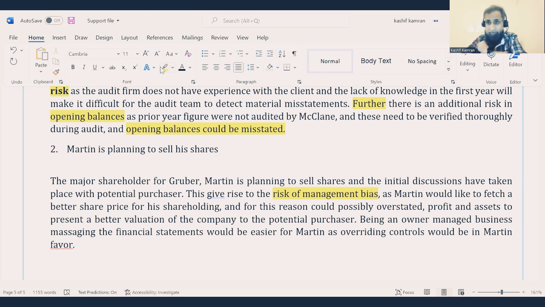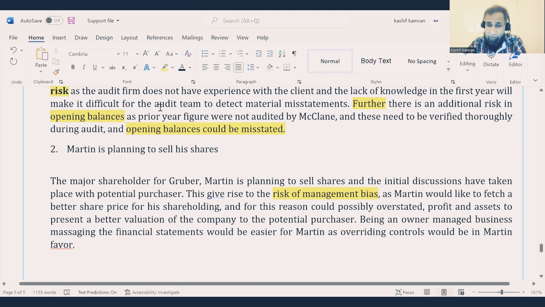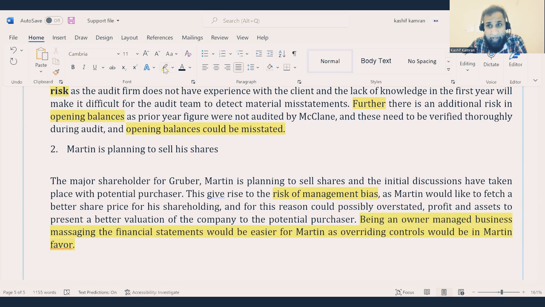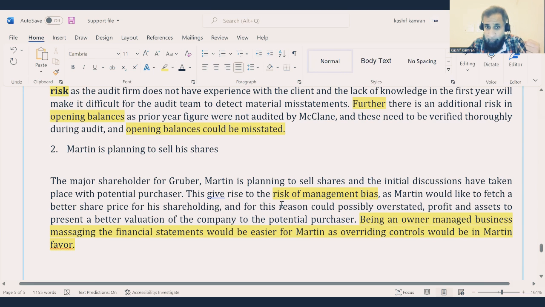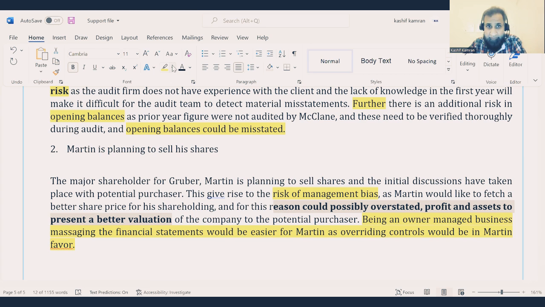Being an owner-managed business, massaging the financial statements would be easier for Martin, as overriding controls would be in Martin's favor. Martin is the owner, right? So we have a risk of management bias because Martin wants to sell shares, and there could possibly be an overstatement of profit and assets to present a better valuation. So that's basically the risk.